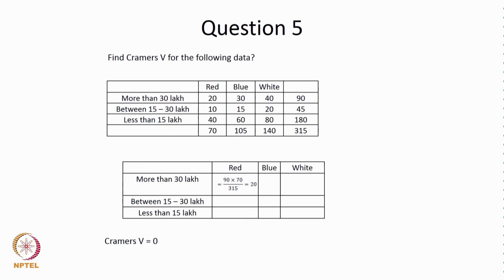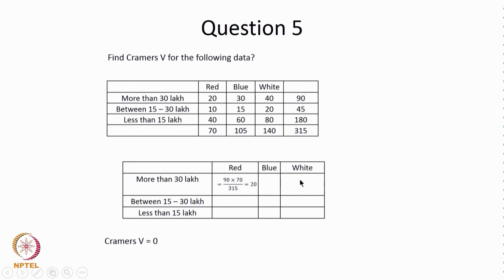In order to find the Cramer's V or chi-square, we first try to find the proportion. So, we answer this question: if out of 315, 70 people have a red color car, how many out of 90 would have a red color car? The proportion becomes 70 by 315 into 90, which happens to be 20.